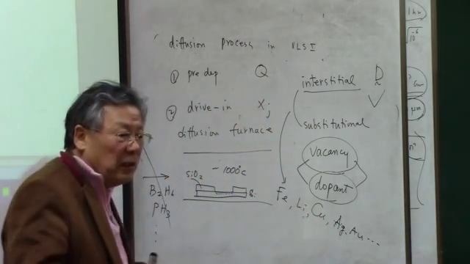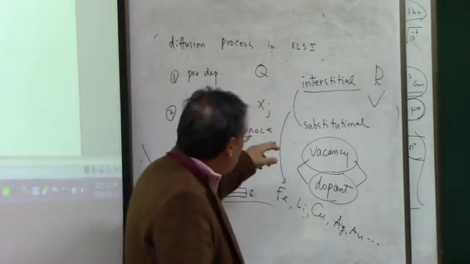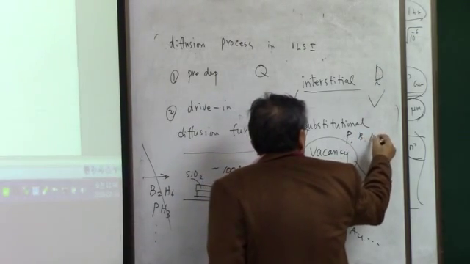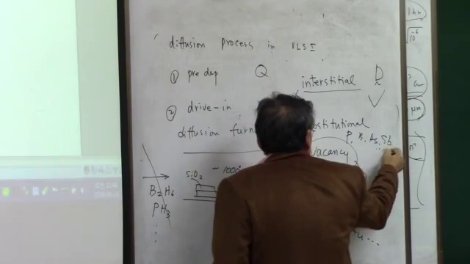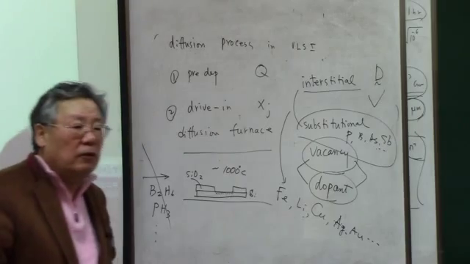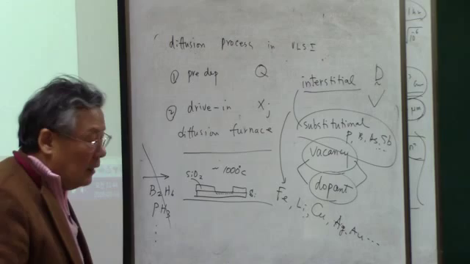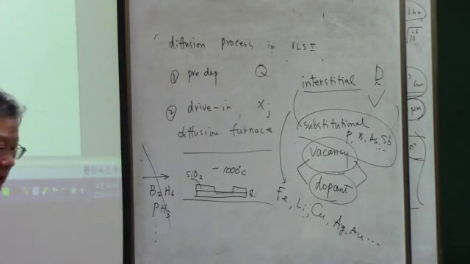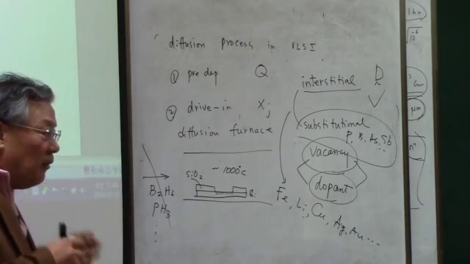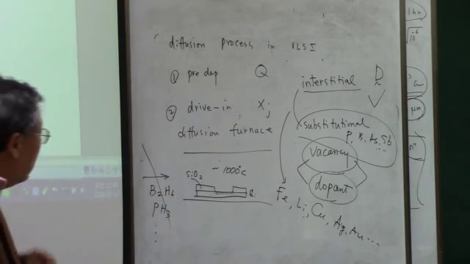The contamination speed is very fast, so we have to be very careful about that. But the dopant atoms like phosphorus and boron and arsenic and antimony all move by substitutional diffusion. So they are relatively very slow compared to the impurities. That means doping is difficult, but the contamination is very easy in the VLSI process.